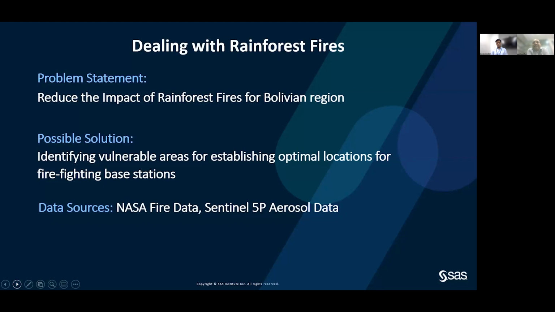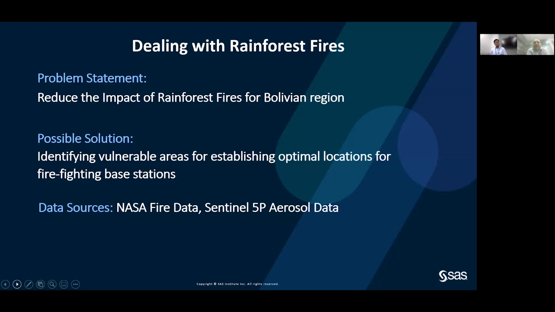In order to make the analysis more manageable, we focused on the data only for the Bolivian region. And this was based on the recommendations we received from the experts at the Amazon Conservation Association, which is a non-profit organization working to conserve the Amazon basin.